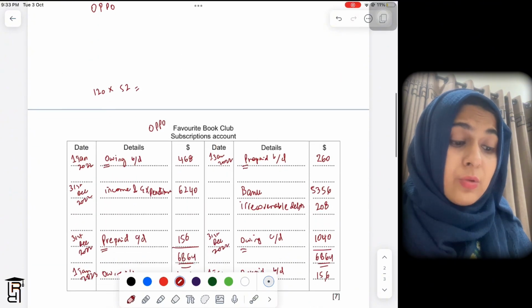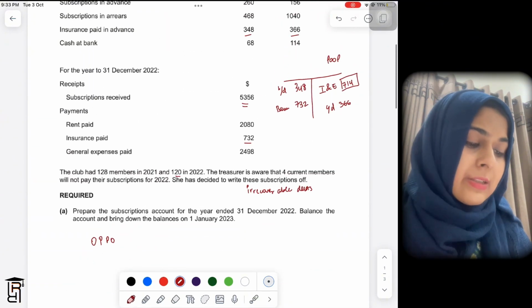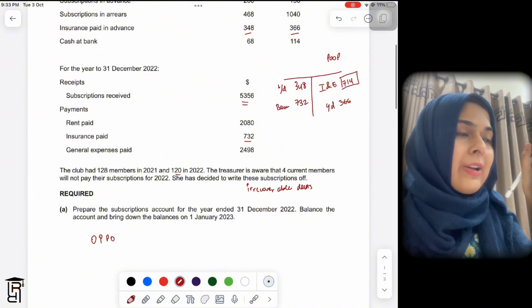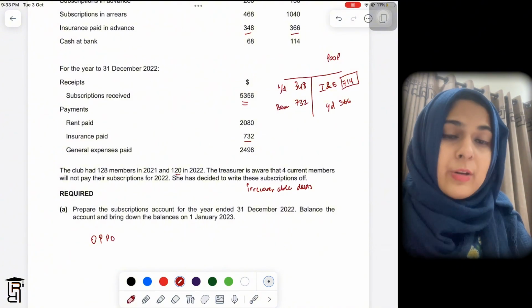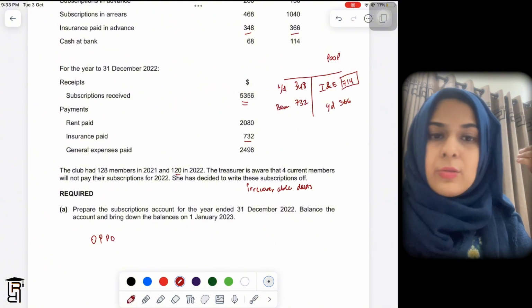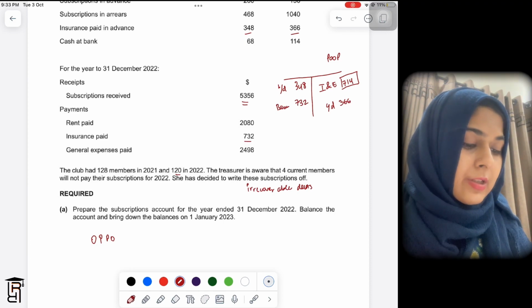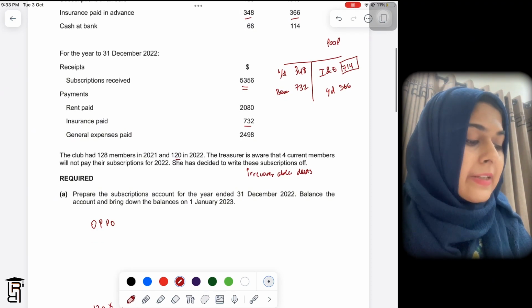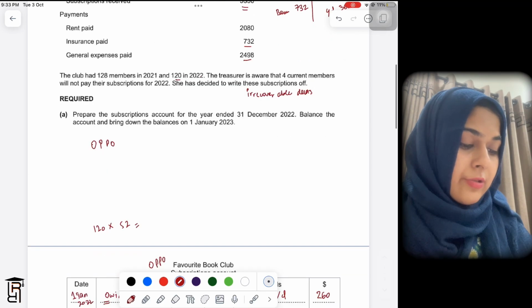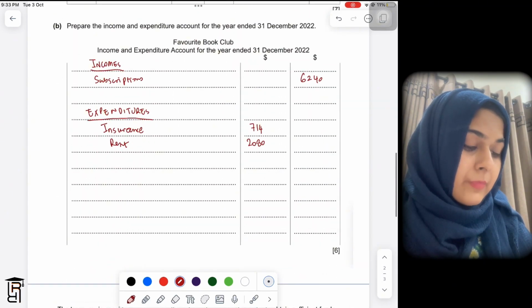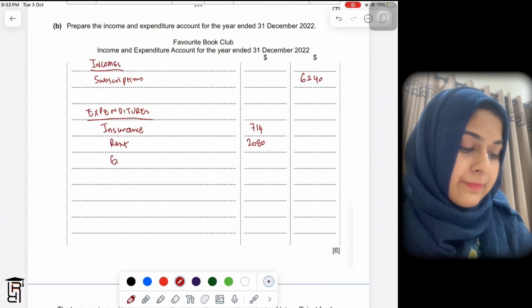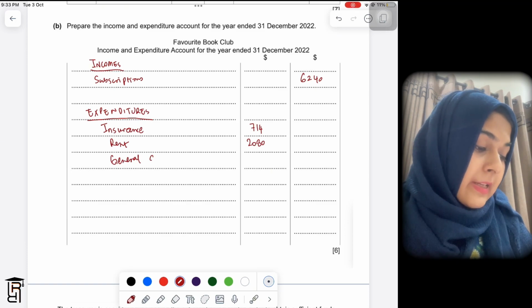If there is no prepaid or owing, you don't need to adjust. That means what you have paid is exactly the amount that you have used up. So you'll just copy what you have paid here, 2498. So you write here general expenses, and you write here 2498.